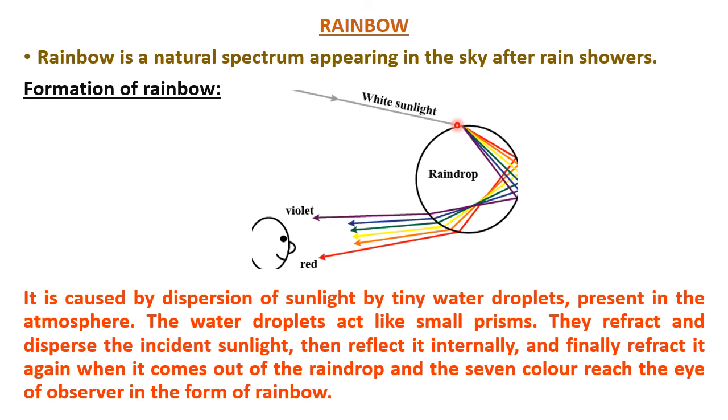It splits the white light into 7 colors, and at this point the 7 colors suffer reflection, and again these 7 colors suffer refraction here, and these colors will be seen by the observer. So this is how the rainbow is formed.